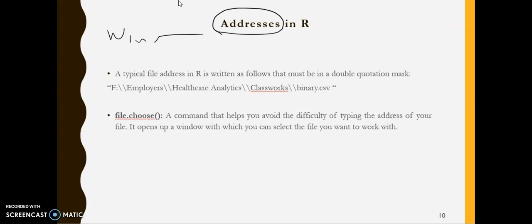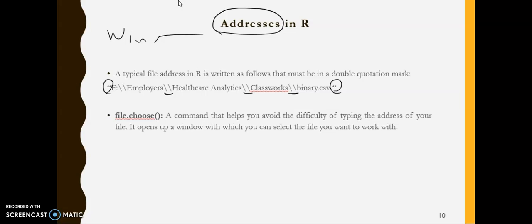Here it says a typical file address in R is written as follows, and it must be in double quotation marks. So one point we notice is that when you want to make an address in R, you need to put quotation marks, and another thing is that instead of a single backslash, you must have a double backslash.